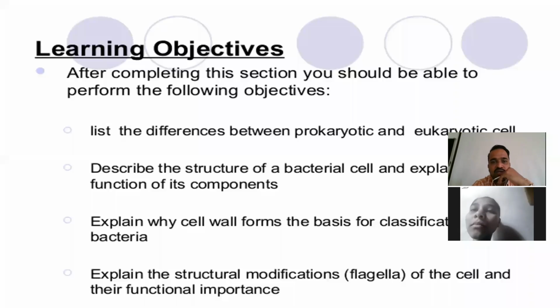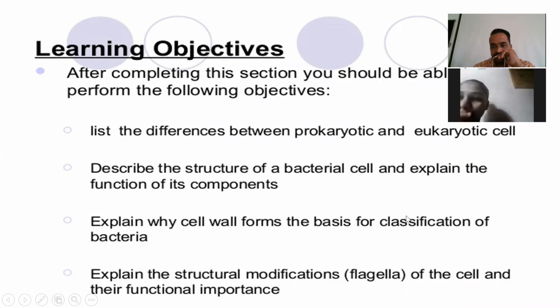First and foremost, the objective of this teaching session is to make you all understand the difference between prokaryotic and eukaryotic cells. This prokaryotic and eukaryotic, you people have already studied in the 12th standard, and once again in general we will be looking into the difference between prokaryotic and eukaryotic cells.